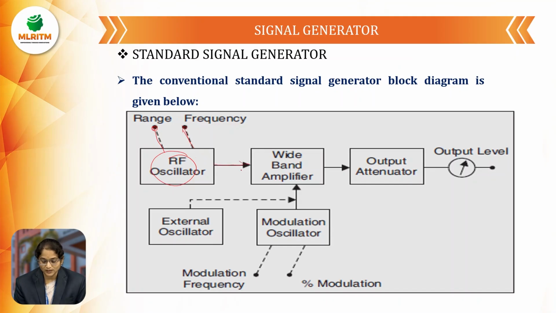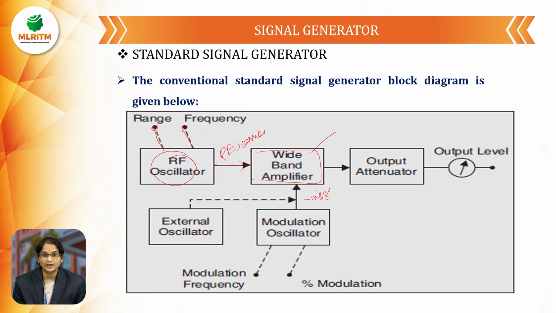The RF oscillator output is given to the wideband amplifier. Before going there, one more input comes from the modulation oscillator. This RF signal is like the carrier signal, and the other input is considered the message signal.